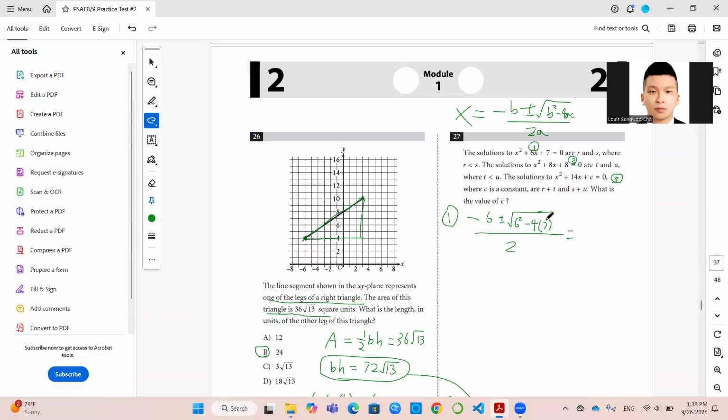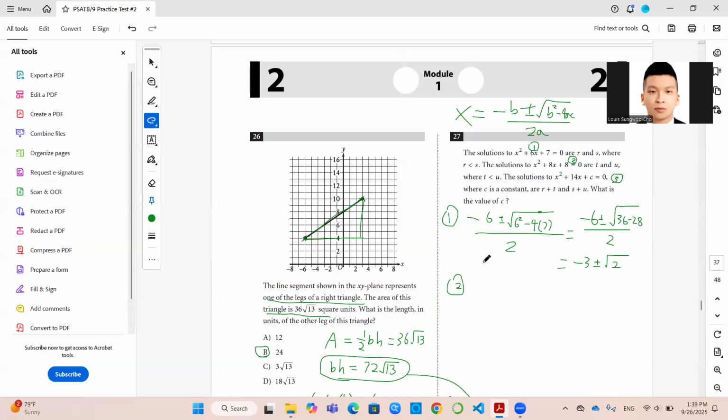This is equal to, what's 36 minus 28? This is equal to minus 3 plus or minus square root 2.